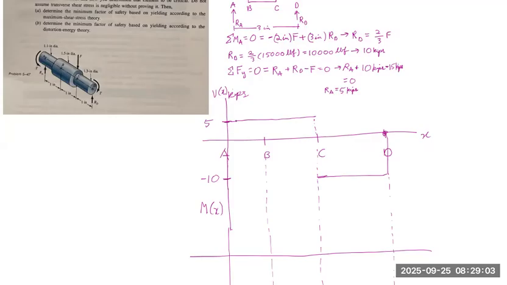And as we see, the area under the graph of the shear diagram will give us a certain value on the moment diagram. We see that we have positive areas, so this will translate to a positive slope on our bending moment diagram. And we can calculate the bending moment at each of these critical points.